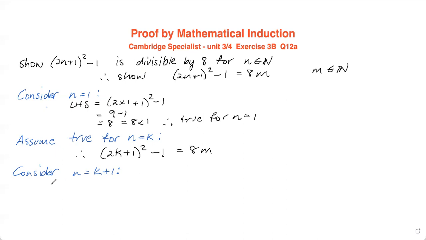What that really means is we're required to prove that (2(k+1)+1)² − 1 is equal to, I'm going to use a different letter here, 8p, where p is an element of natural numbers.